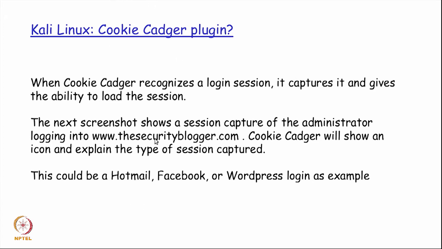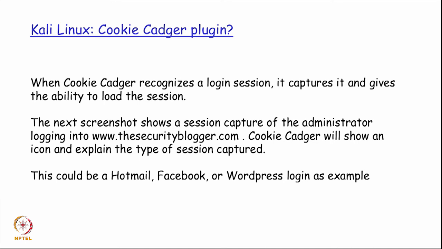When a cookie catcher recognizes a login session, it captures it and gives the ability to load the session. So, I could take a capture of that particular login session, which would possibly contain the user and the password options printed as part of the URL or as part of the form parameters.